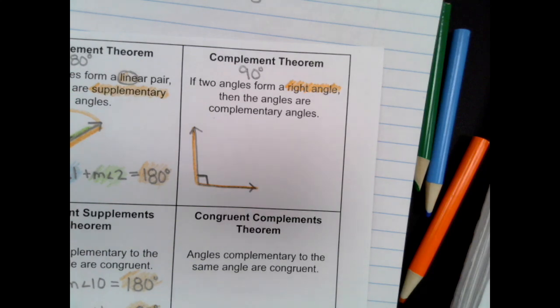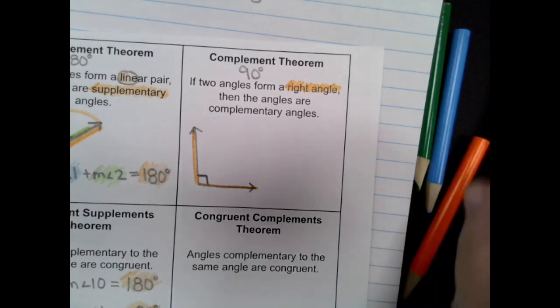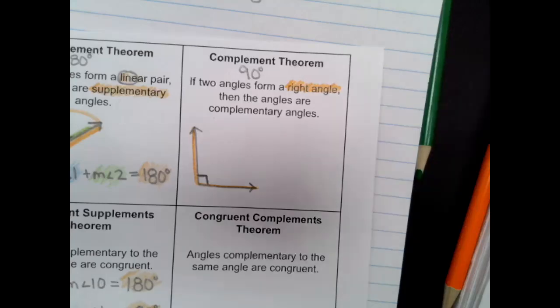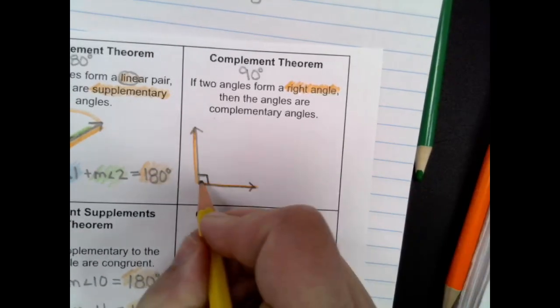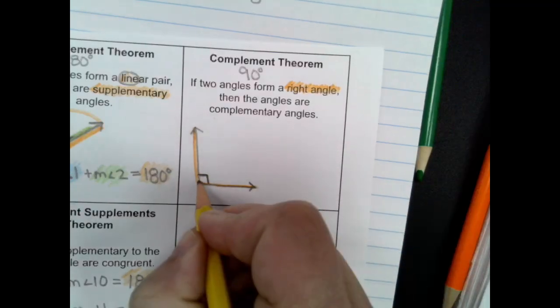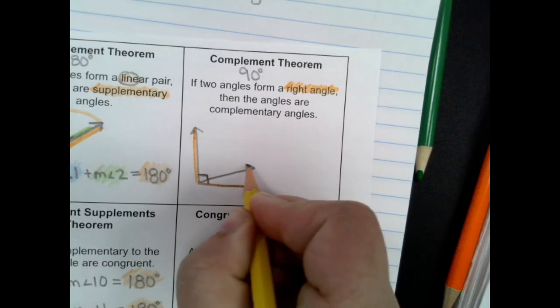All right, but now I have 2 angles that are going to create that. So I'm going to draw a line somewhere, an angle in the middle. Doesn't matter where your angle is. I'm going to go a little down this time.